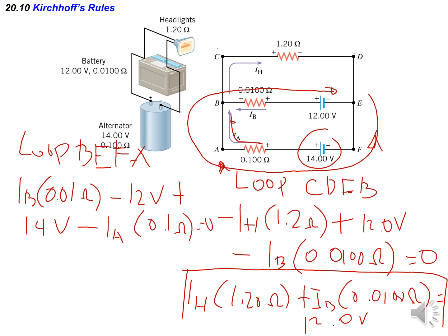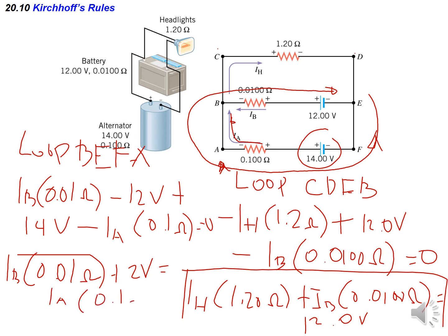Okay, what we just need to do is to simplify this again. So for this equation, this can be written as IB multiplied by 0.01 ohms. Okay, again, then just add the two. So this is plus 2 volts, and this is equal to 1 ampere multiplied by 0.1 ohms.